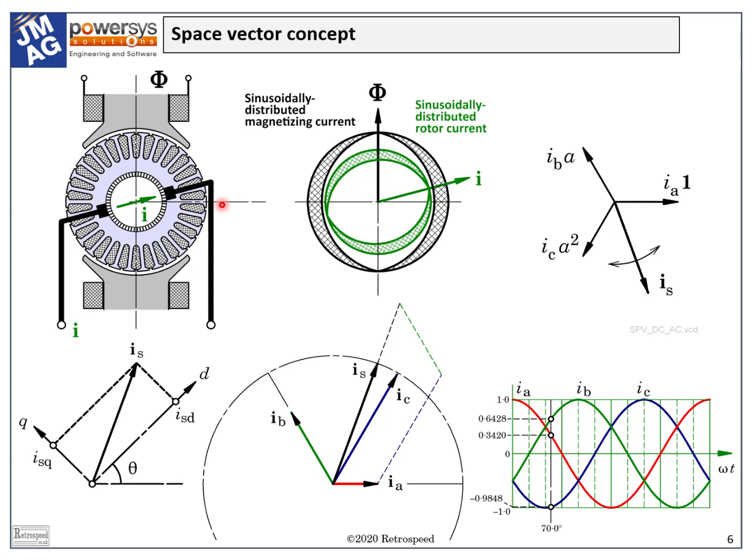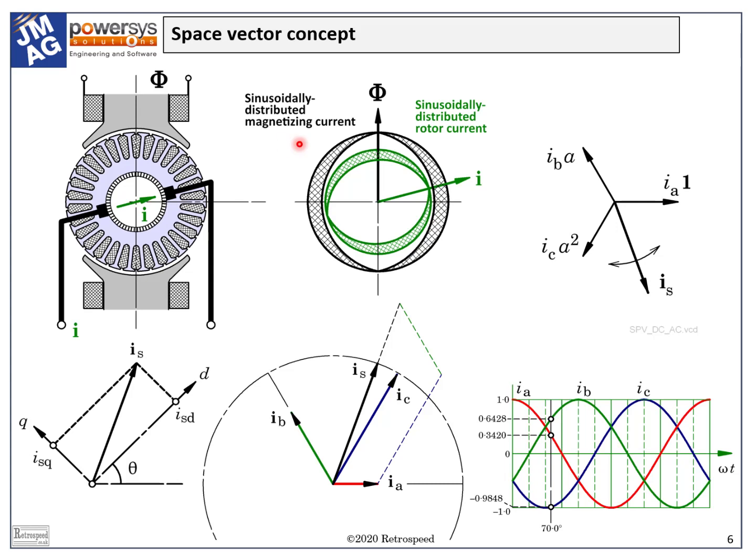And it involves the resolution of a current vector into components which have a certain spatial orientation, especially in relation to the main field axis. The main field axis is distinct in some machines, but not in others. But in all cases it is denoted as the d-axis or the direct axis. Mathematically, the process of resolving the current, or more precisely the ampere conductor distribution, into D and Q axis components is actually a reference frame transformation or mapping.